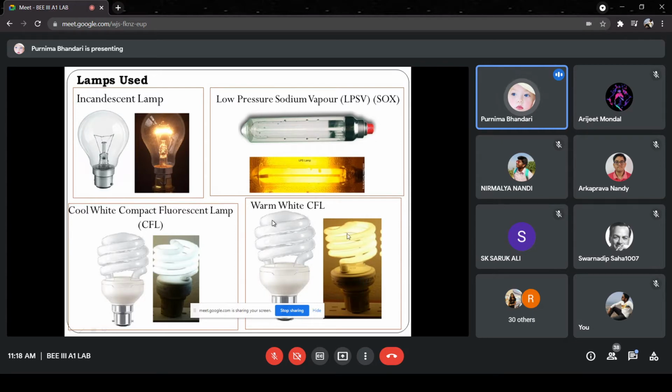For the warm white CFL, you will see the red or yellow component is more. For the cool white CFL, you will see the blue component is more. Like that we can understand from the spectral composition of different lamps.